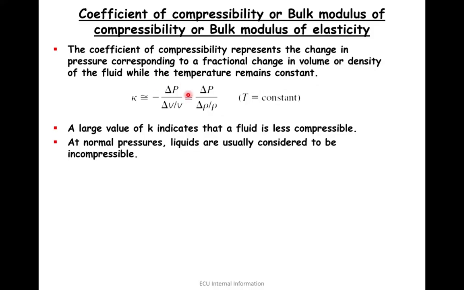As you can see, when we apply pressure, the volume gets smaller. That's why you have a negative sign here. A large value of K indicates that the fluid is less compressible, similar to a solid, for example. For liquids it is high, however for gases it is low.